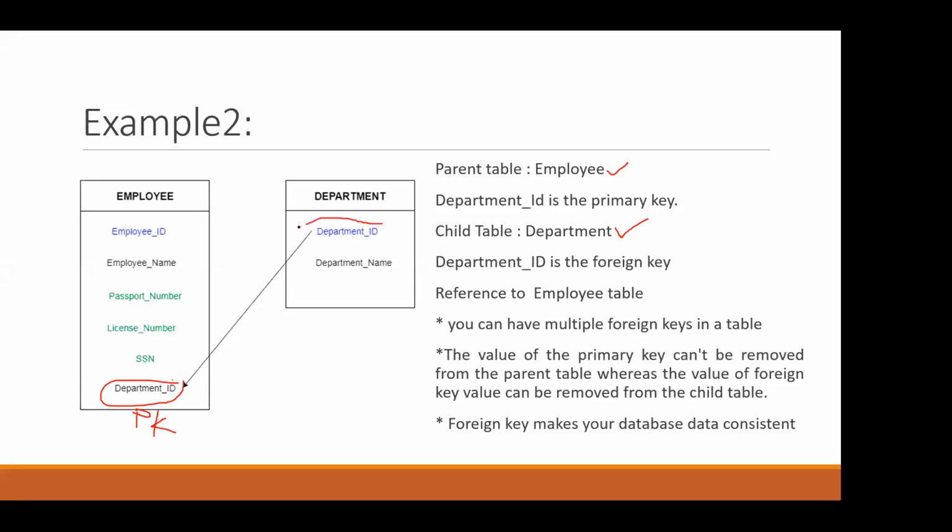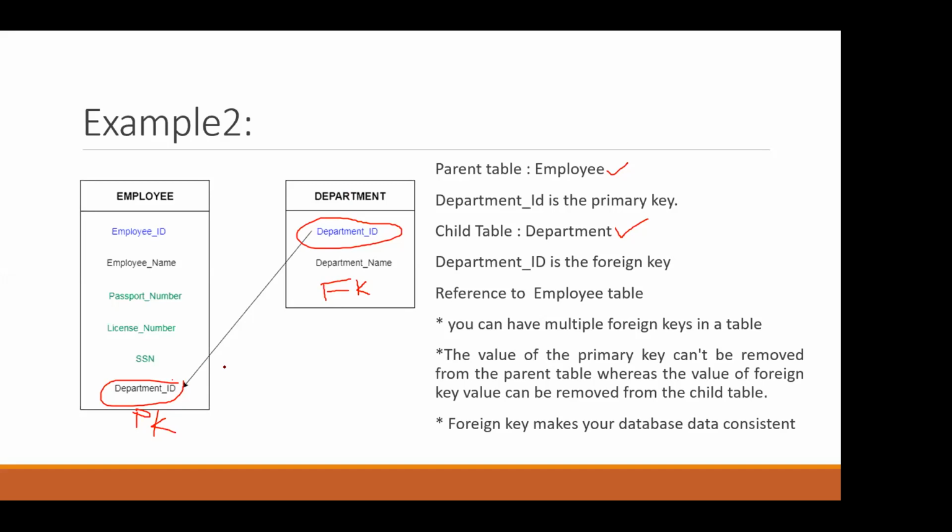So here this key is a foreign key because it refers to the employee table, with the column names department ID and department ID. So here we are relating the employee and department tables. The parent table is employee and the child table is department.